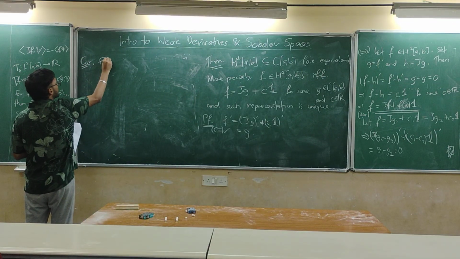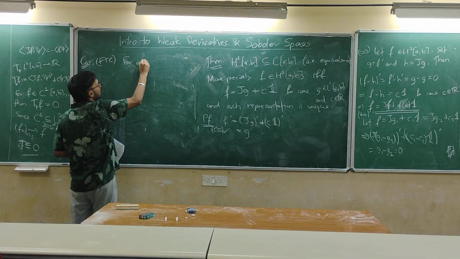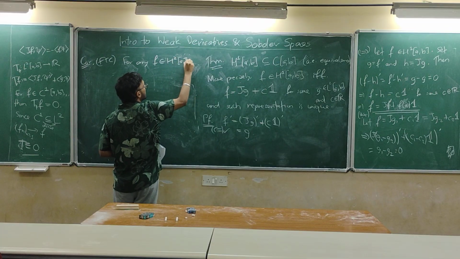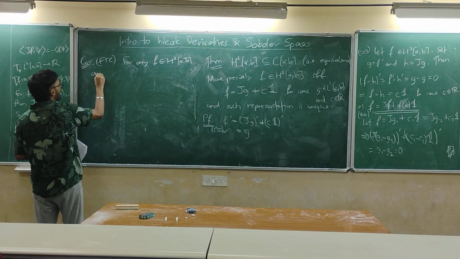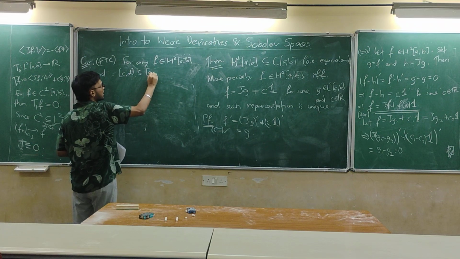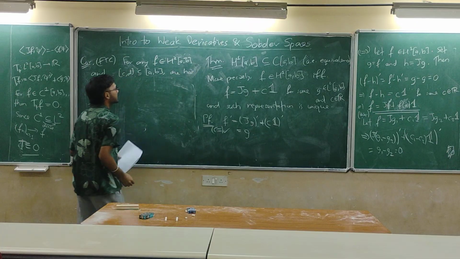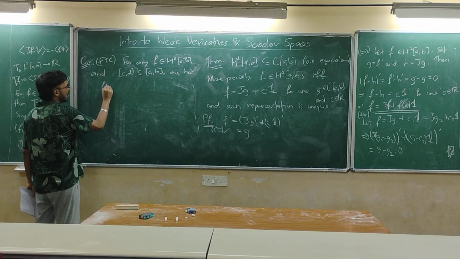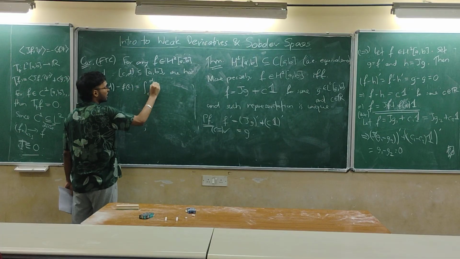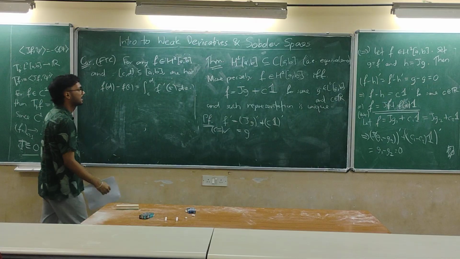The corollary is the FTC, which is basically: for any weakly differentiable function and any compact subinterval of (a, b), one has f of d minus f of c as the integral from c to d of f prime of x dx.